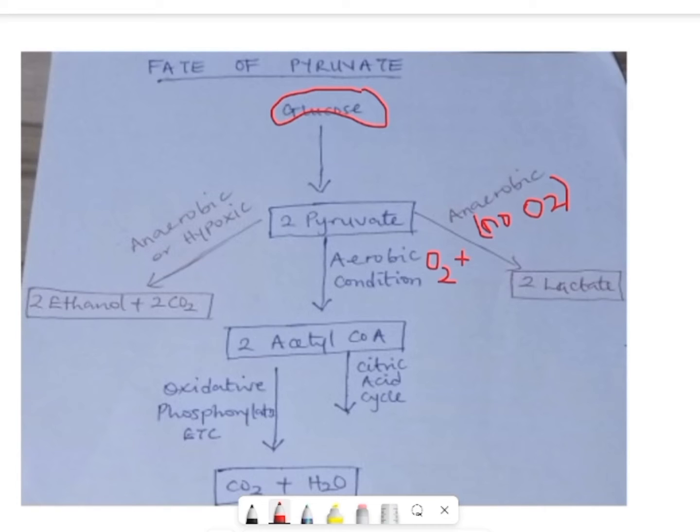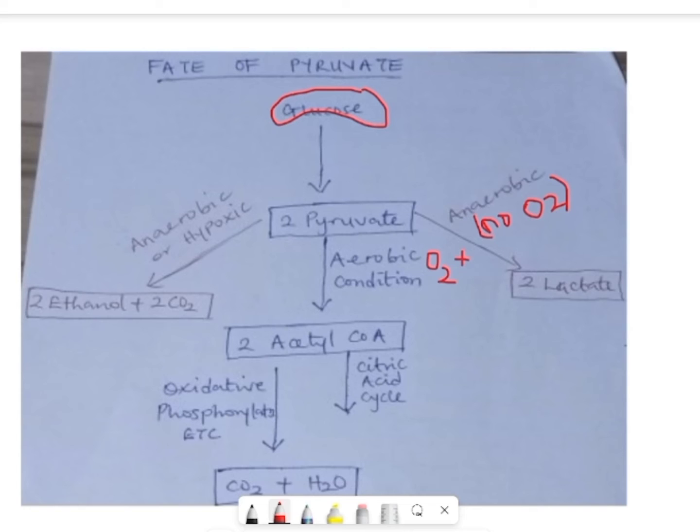The muscles are not getting enough oxygen to burn aerobically, so they turn to another process, anaerobically producing two molecules of lactate.